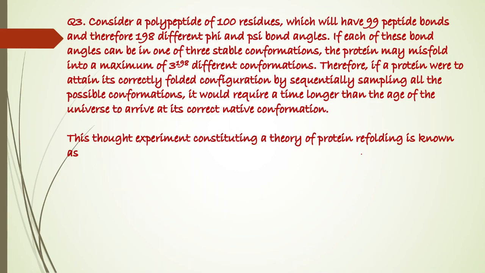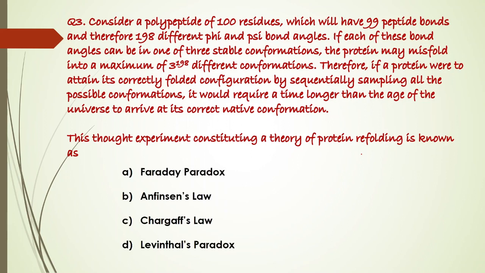The question is very long, but I would not spend much time on it. This is just directly taken from the lecture material. It states that if a polypeptide has 100 residues, it will have 99 peptide bonds, obviously, because two residues form one peptide bond.